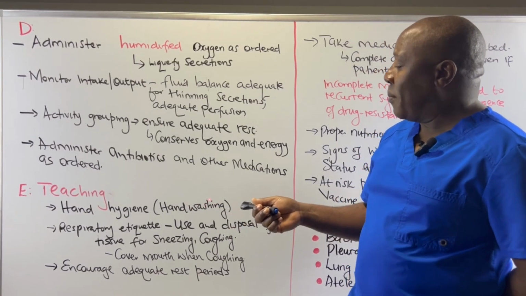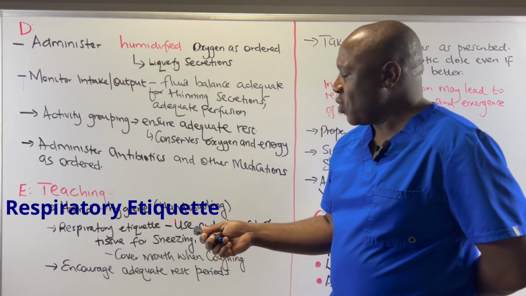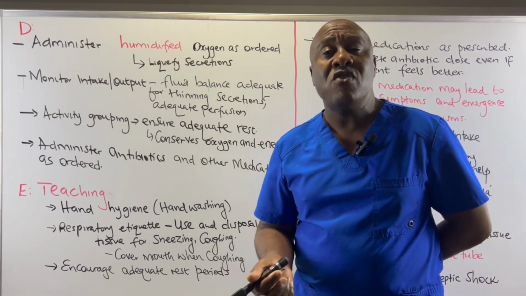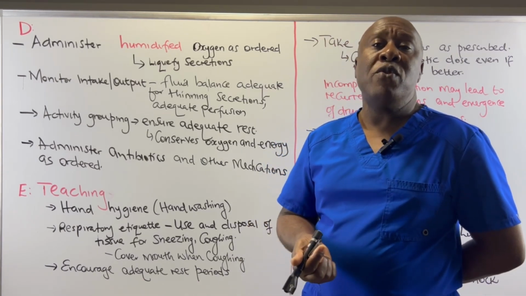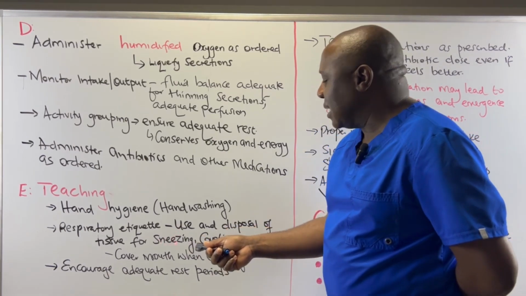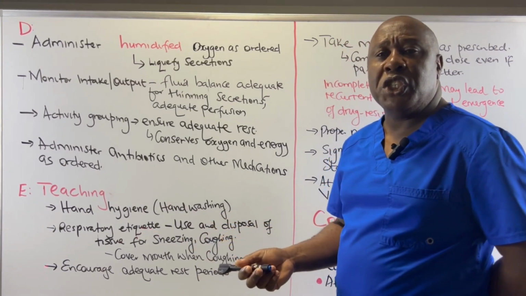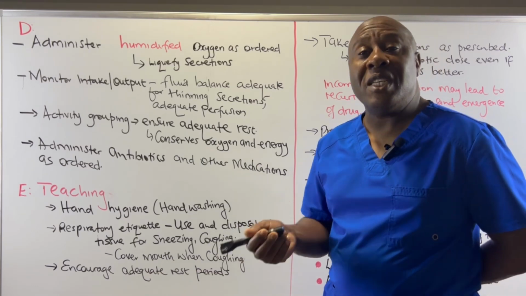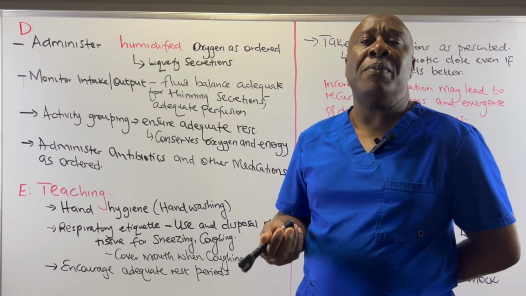So you are going to teach these patients the importance of frequent hand washing and how to perform it. Number two, you teach them about respiratory etiquette. What to do when they are coughing. For example, you tell them, cover your mouth when you are coughing. Use tissue for sneezing and coughing, and dispose of that tissue immediately and properly.